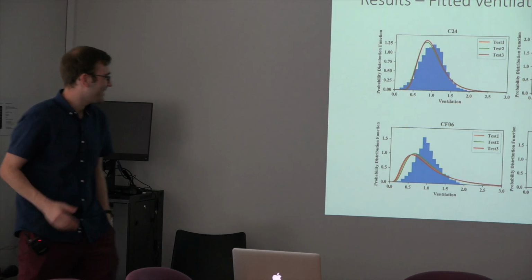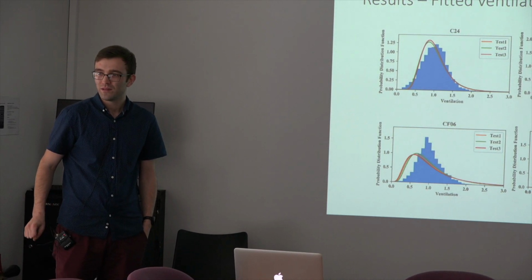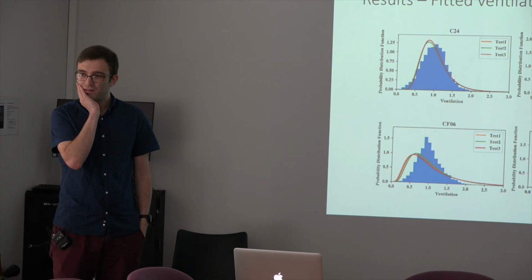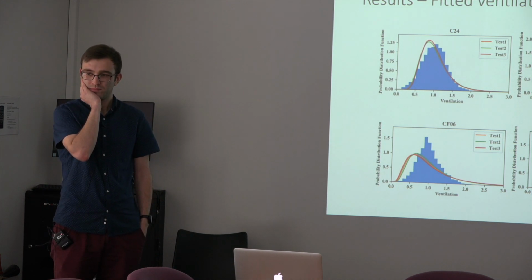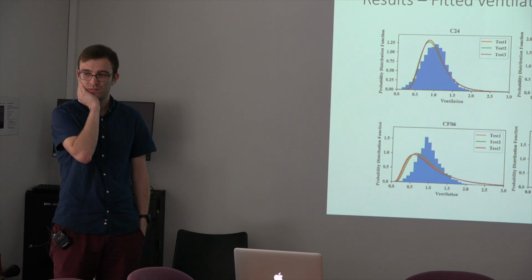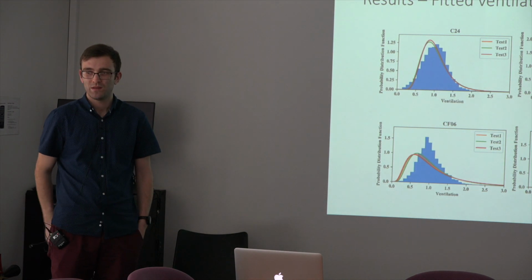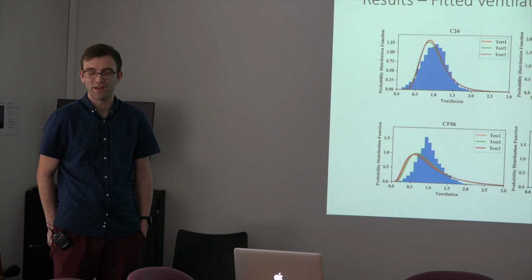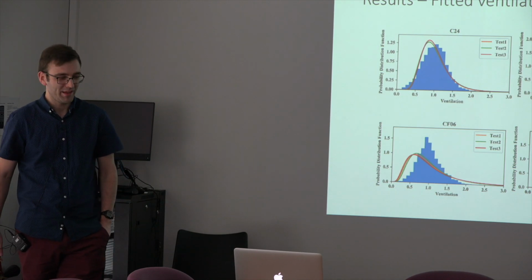I was just wondering, log normal distributions are often associated with multiplicative sort of processes rather than additive. I don't see any reason why there would be multiplicative processes operating in this system. No, that is true. I don't know, I guess, is the answer to that.